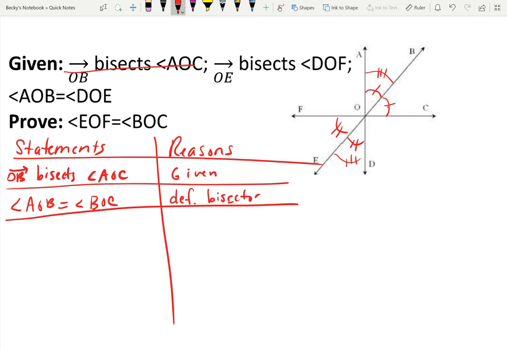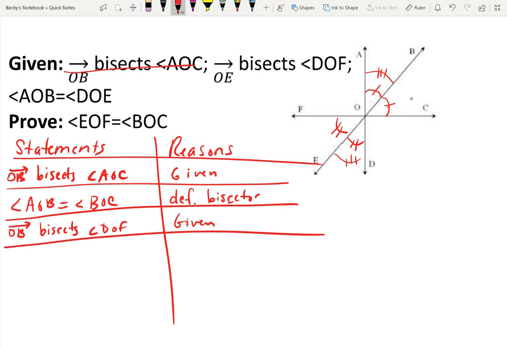Let's go to the next given. Ray OE bisects angle DOF. Okay, and this was given to me. Again, the word bisect means it cuts it into two equal angles, so let's label those angles. I have angle FOE is now equal to angle EOD. And that, again, what word helped me understand that?